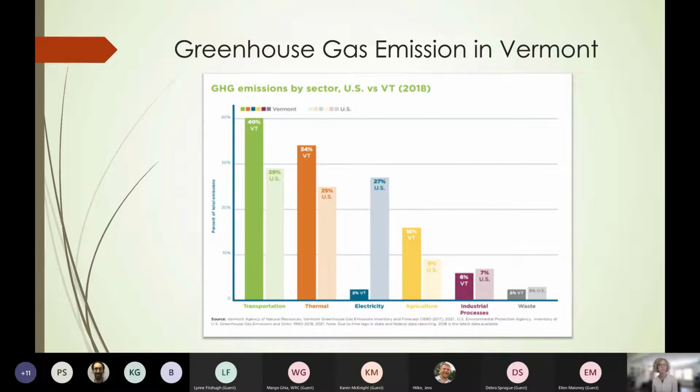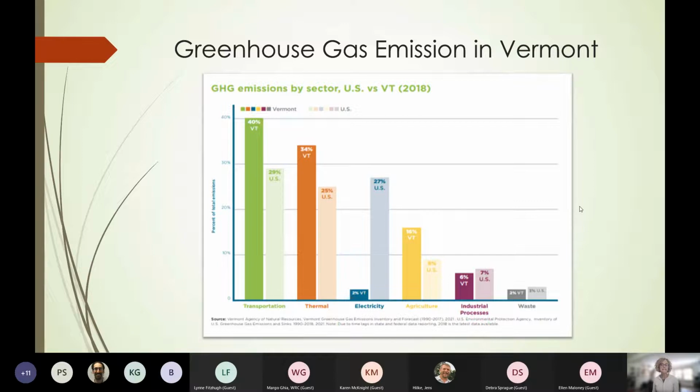Transportation is the largest emitting sector, so that's cars, vehicles, and most of the emissions do come from light duty cars, people just going to work and doing their thing in their cars. Secondly, the second largest emitter is homes, and that's from thermal processes, so heating homes and hot water heating with fossil fuel sources is causing those emissions.